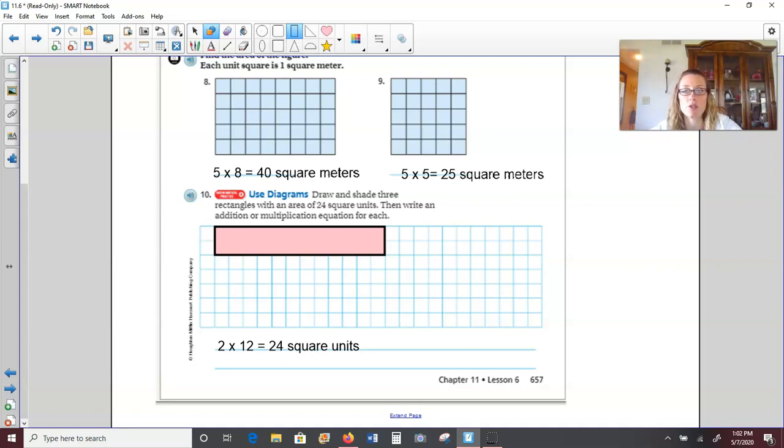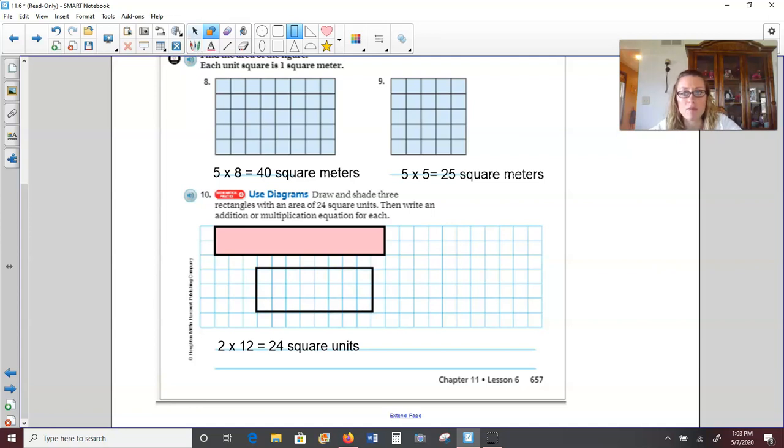So now I need to do another rectangle, and this time I'm going to think of another way to equal 24. So I did 2 rows, so this time I'm going to do 3 rows. So I want to think ahead of time. 3 times what equals 24? 3 rows, 1, 2, 3, 3, 6, 9, 12, 15, 18, 21, 24.